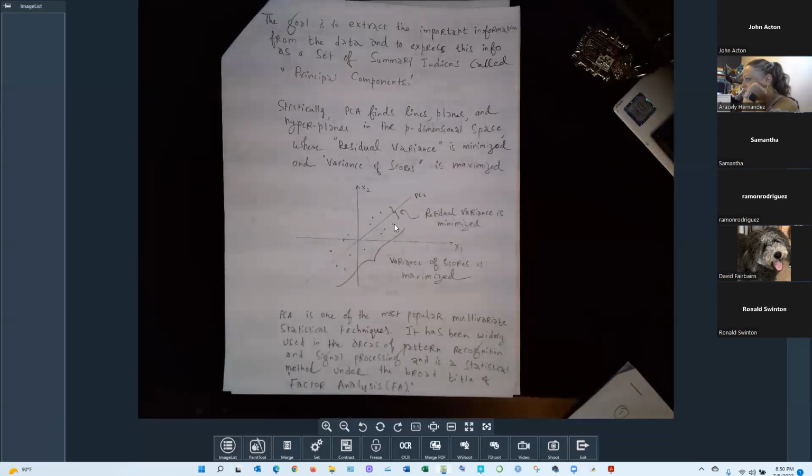See? This way it should be minimized. This way maximized. Okay. We're going to talk about this when we put everything into the system.